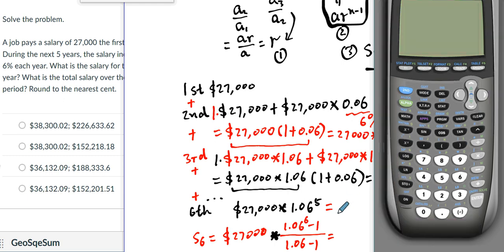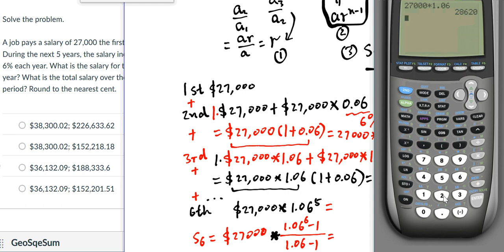Turn on your calculator. Then 27,000 times 1.06. You hit enter. You have 28,620. And here is the second year.